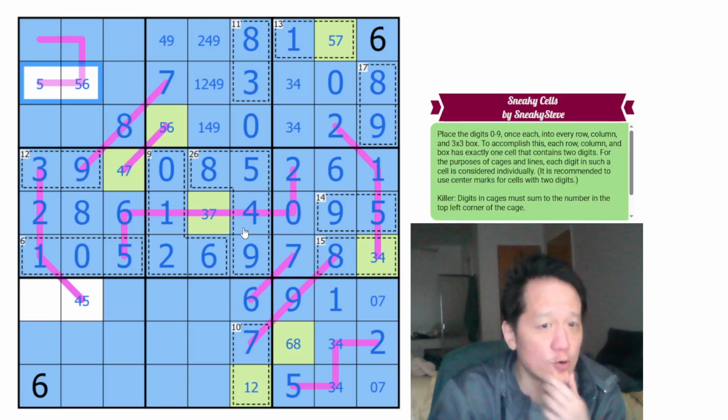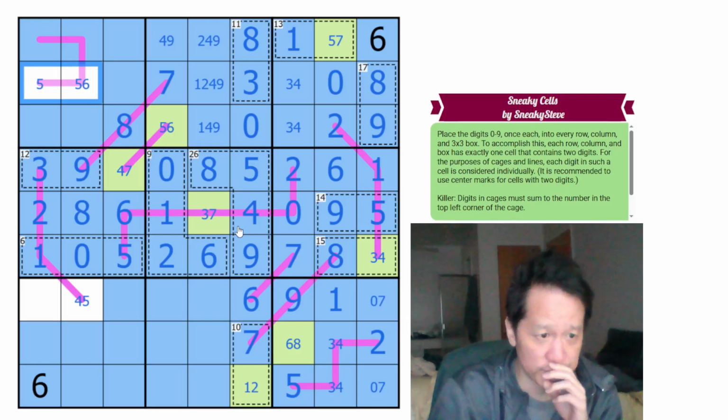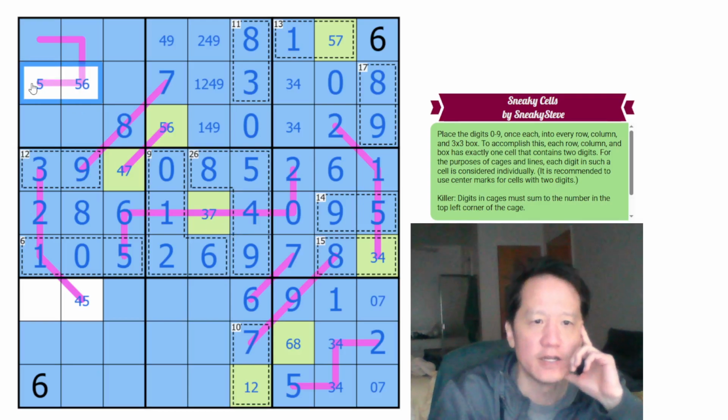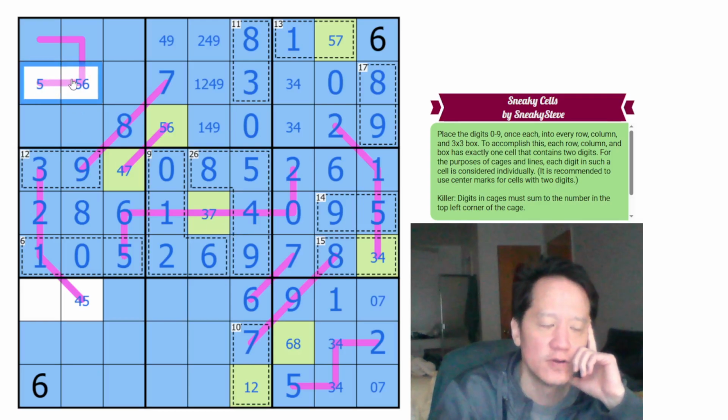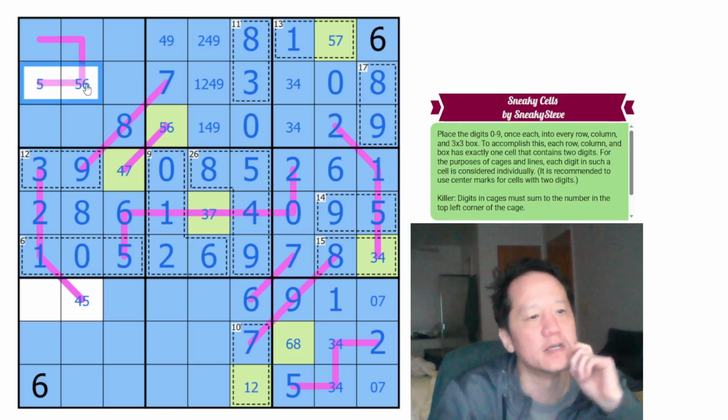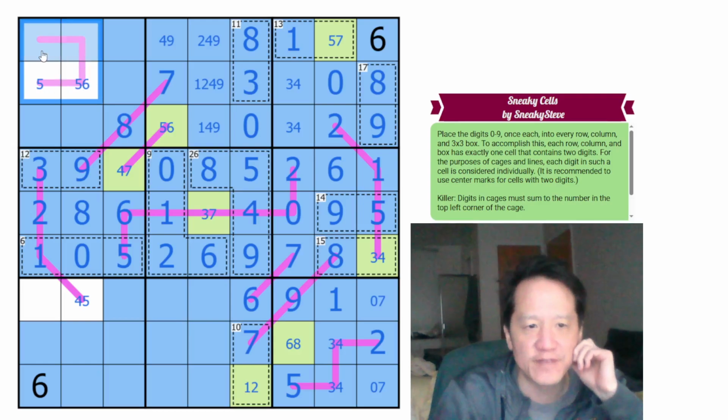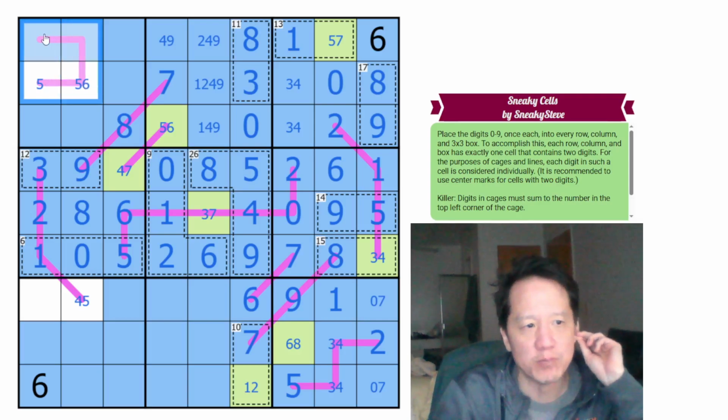So it's either 4 through 7, 3 through 6, or 2 through 6. Actually, one of these has to actually be a sneaky cell. So this is definitely a 5-length Renban. So it's either 3 through 7 or 2 through 6. Either way, you need a 3.